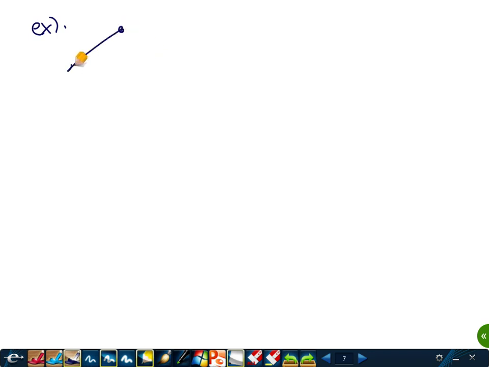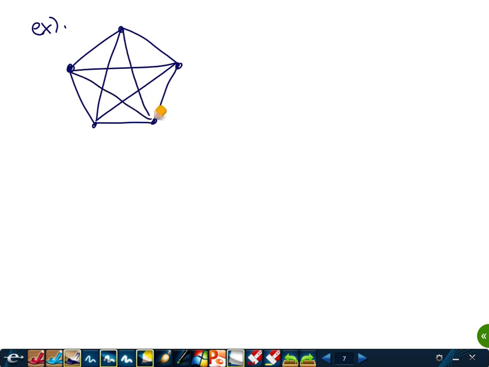So K5, we want to show that K5 is not planar. So let's see if we can use Euler's formula. K5. So what is the number of vertices? 1, 2, 3, 4, 5. Number of edges of K5 is 1, 2, 3, 4, 5, and 1, 2, 3, 4, 5, which is 10. What is the number of faces?